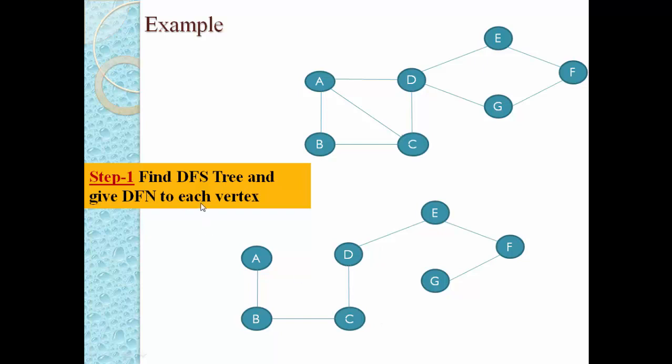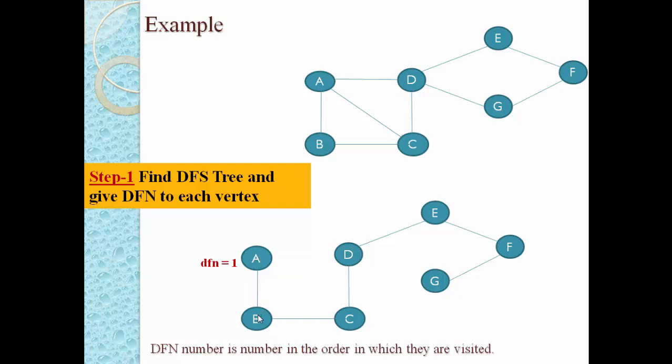Now the next step is to give a DFN to each vertex, that is, a depth first search number to each and every vertex. DFN is nothing but a number in the order in which the vertices are visited. First we visited A, so the DFN of A is 1.